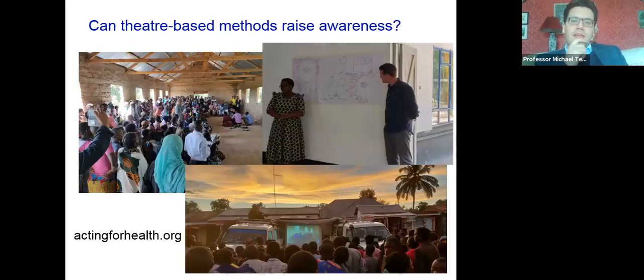So one of the approaches here that was tested as part of the research was that colleagues from Acting for Health went into selected communities and worked with some of the community members to put together a play, which had some vignettes which expressed typical situations in their communities which were relevant to infection risk, and also addressed some of the beliefs that people had in the community, which might not have been completely correct about transmission of the disease.